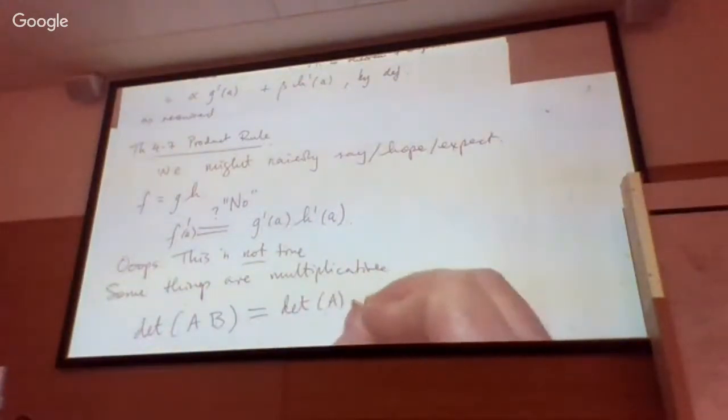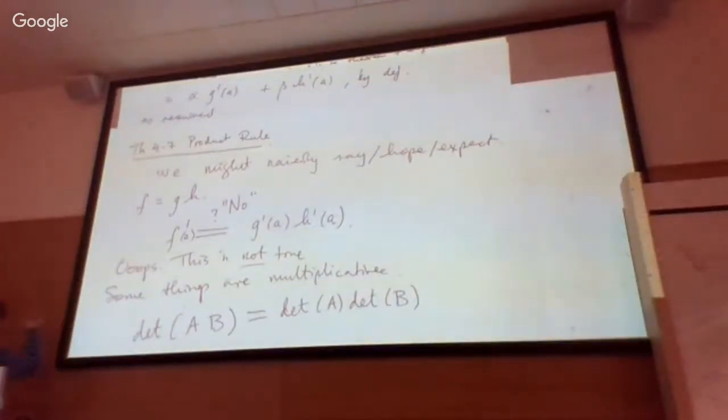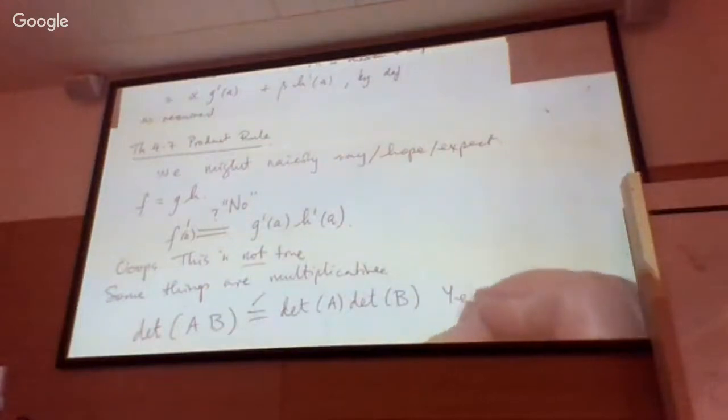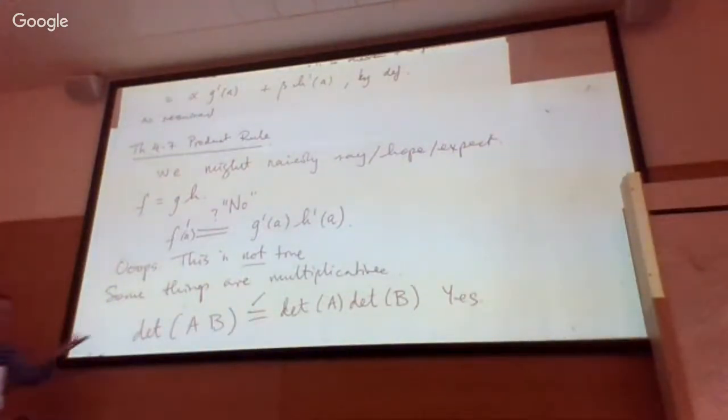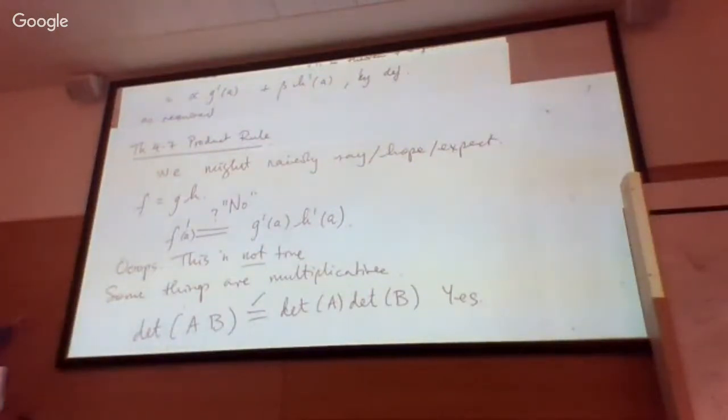So that's saying the determinant is multiplicative. The determinant of a product is the product of the determinants. So that's true, yes. That's true for every pair of matrices that it's possible to multiply against. So that's an interesting mathematical operation. It's in a different context, taking the determinant of a matrix, but that is multiplicative.